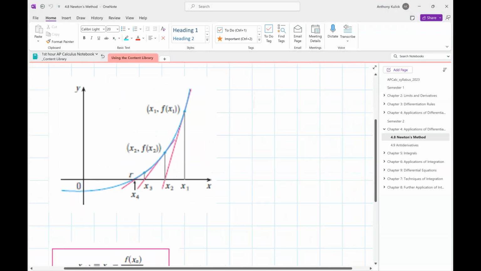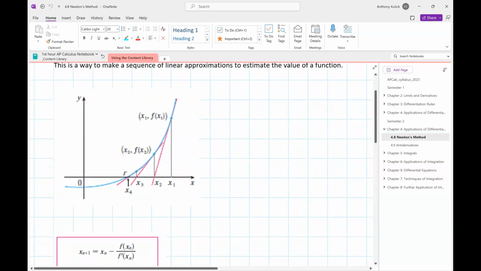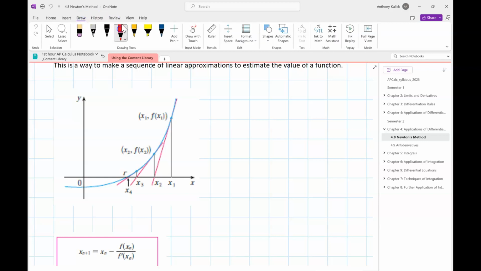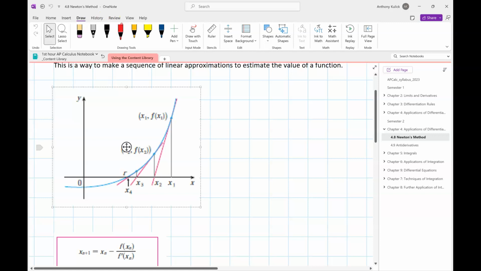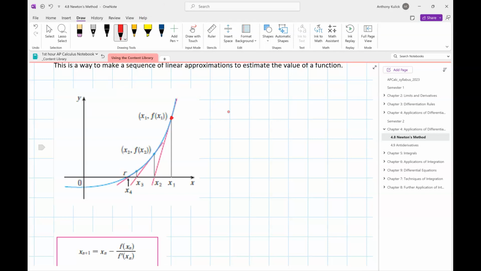So if we take a look at the picture here, this is describing to you visually what Newton's method is. What we do is we pick some point on our function. We then write the equation for the line tangent to the function at that point, which we know how to do, right? We've done that a bunch of times.